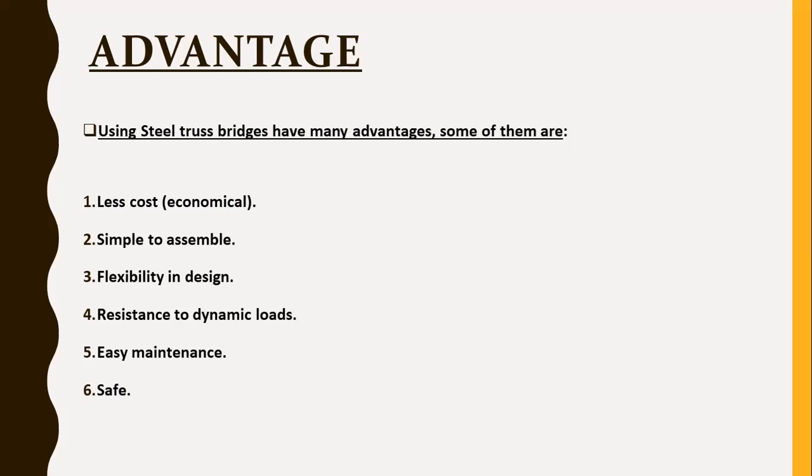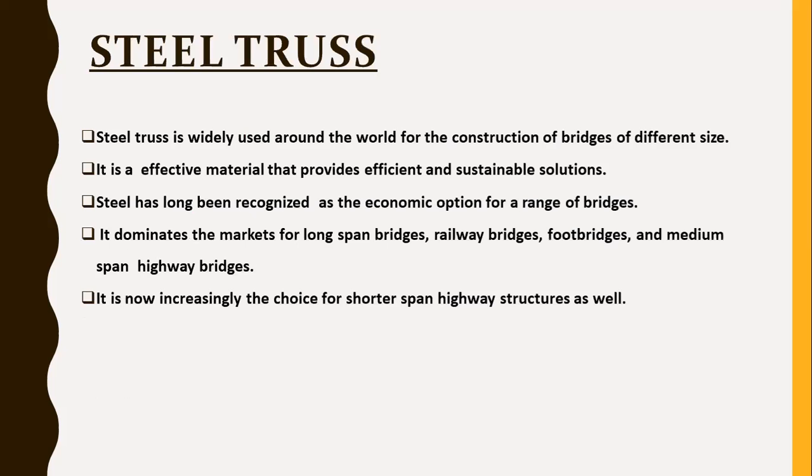Generally, truss girders are used as main load carrying members in truss girder bridges. Truss girder bridges are also known as open web girder or lattice girder bridges. So what is a steel truss? Steel truss is widely used around the world for the construction of bridges of different sizes.